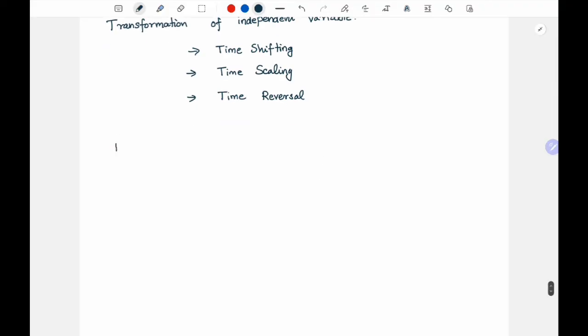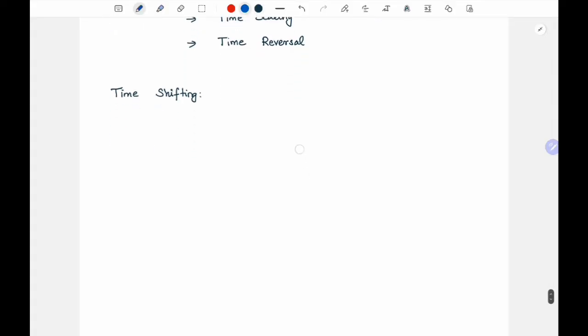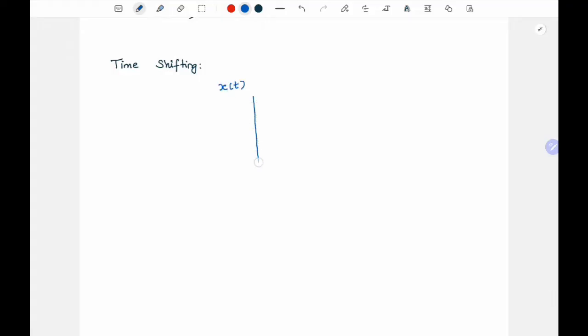So first we'll see the time shifting. Let us consider a signal x of t. I'll represent it graphically, so let it be some rectangular pulse with respect to t.